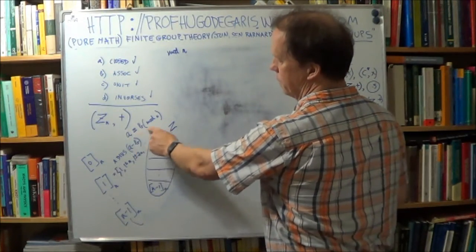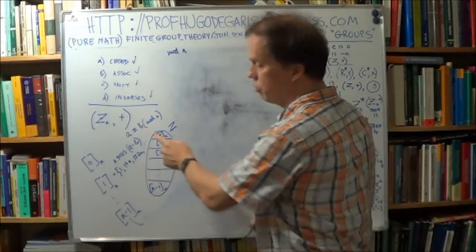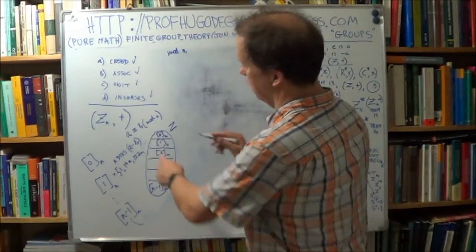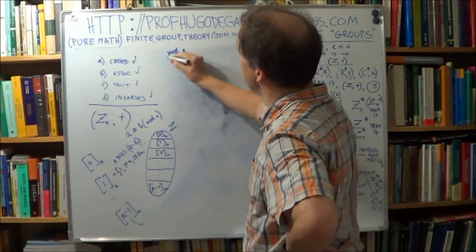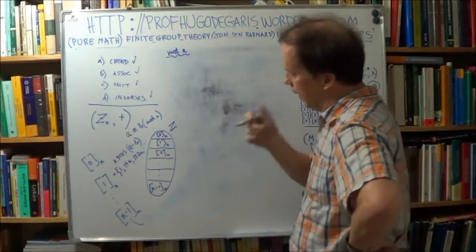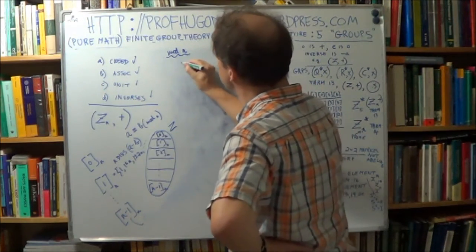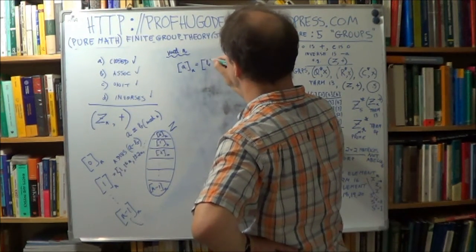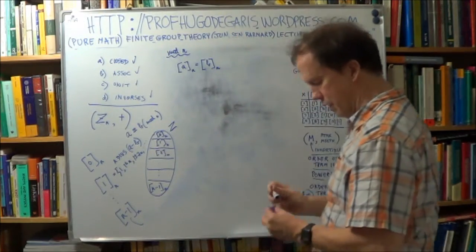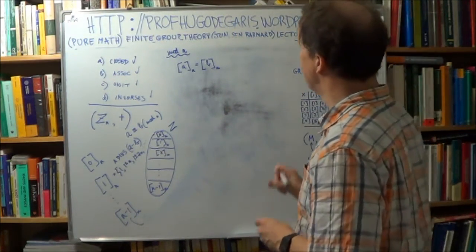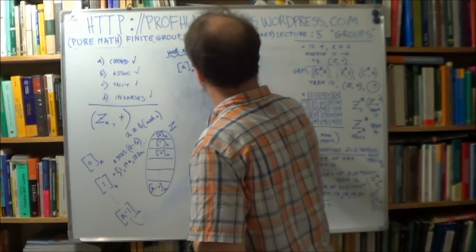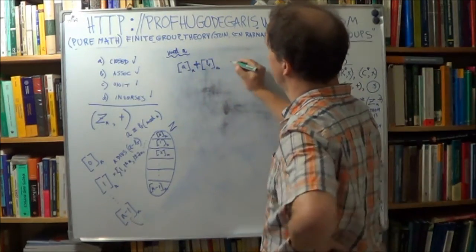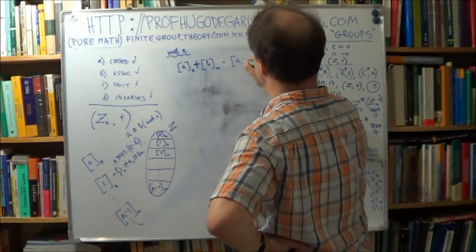Remember, this is the definition for 2 integers, a and b, to be congruent: a minus b can be divided by n. So in the context of modulus n, sorry, it should be a plus. Now, last lecture we actually proved that this is the same thing as this.